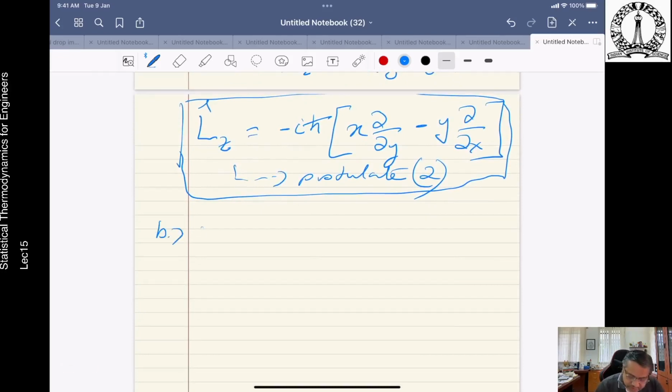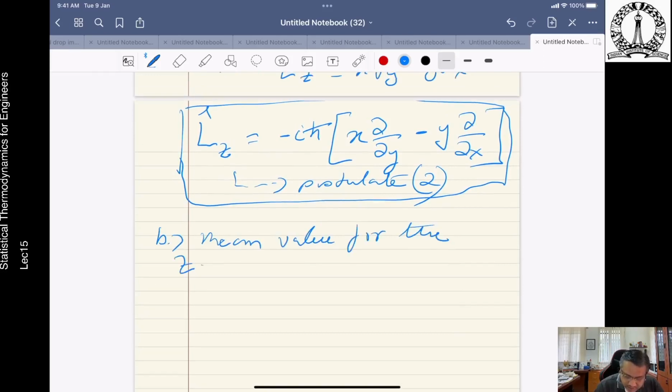So therefore, now if you have to find out the mean value for the z component of angular momentum, Lz, what we do is that you basically find out the average of this z component of the angular momentum.